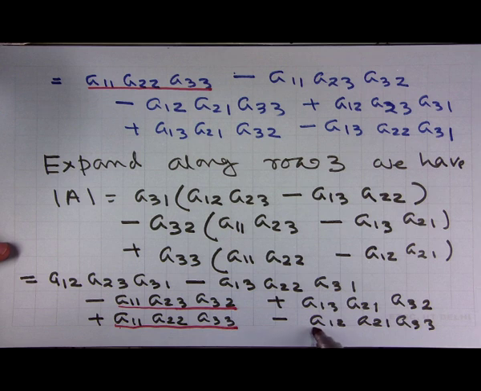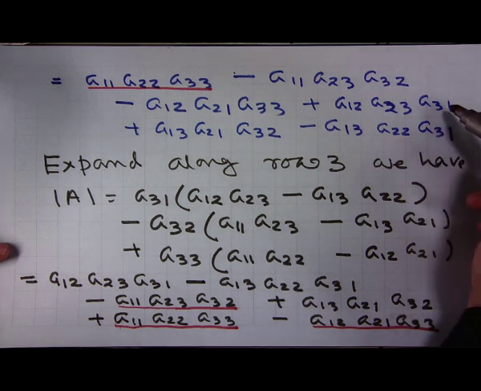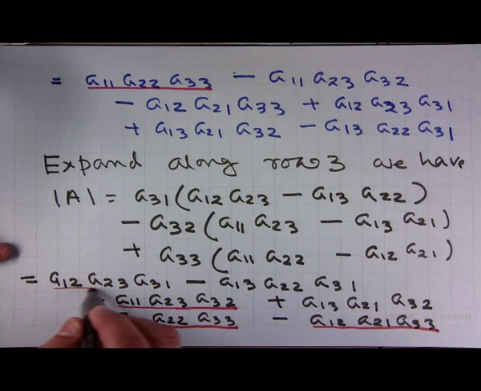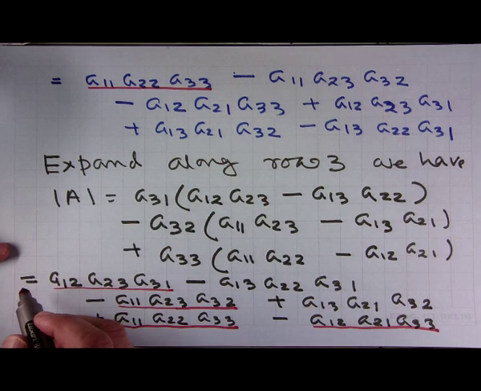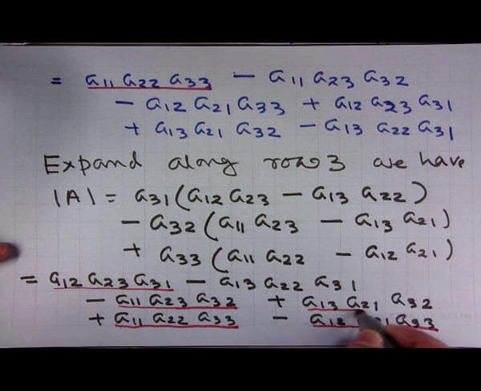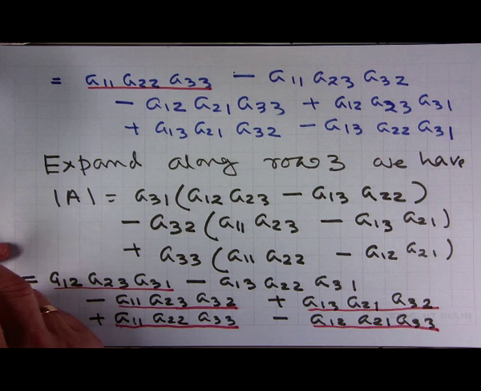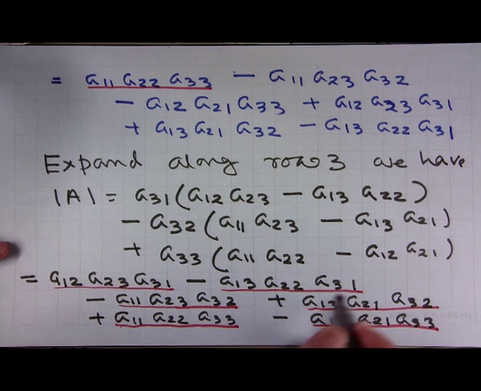Here also we have minus A12, A21, A33. The next term is plus A12, A23, A31. Here also we have plus A12, A23, A31 plus A13, A21, A32. We have A13, A21, A32 minus A13, A22, A31, and we have minus A13, A22, A31.